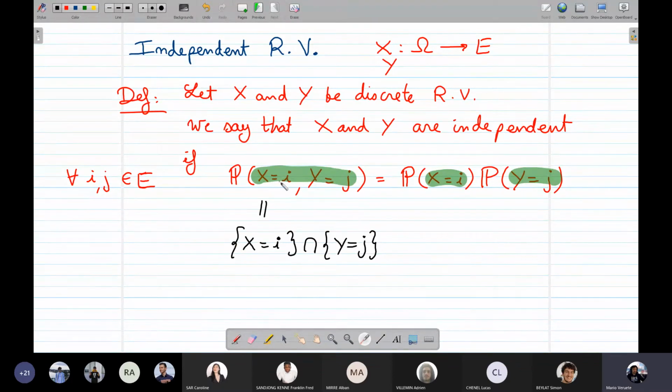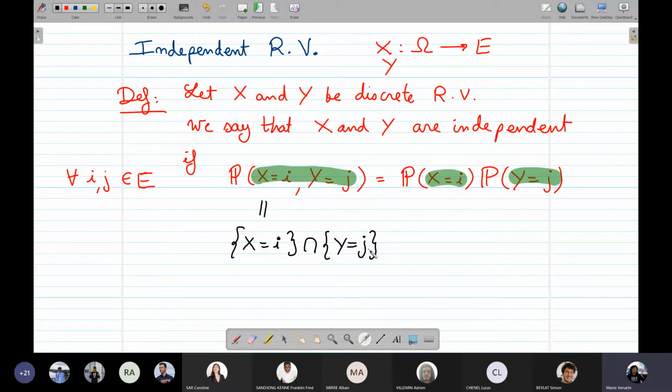It's just a simpler notation, a comma. But that means the set of omegas such that the image by x is i, and the set of little omega in capital omega such that y of little omega is j. Okay?